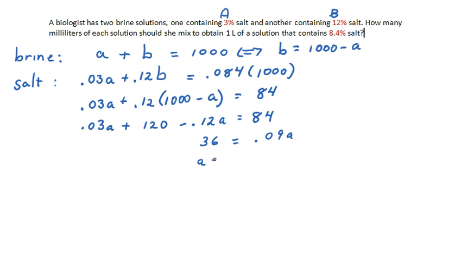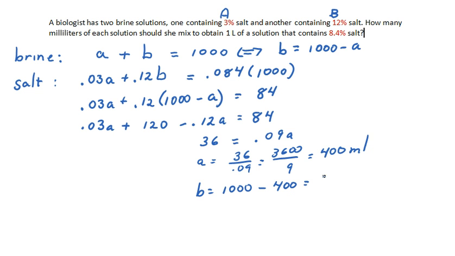A is going to equal 36 over 0.09, or 3,600 over 9, which is 400 milliliters. So B is 1,000 minus 400, or 600 milliliters.